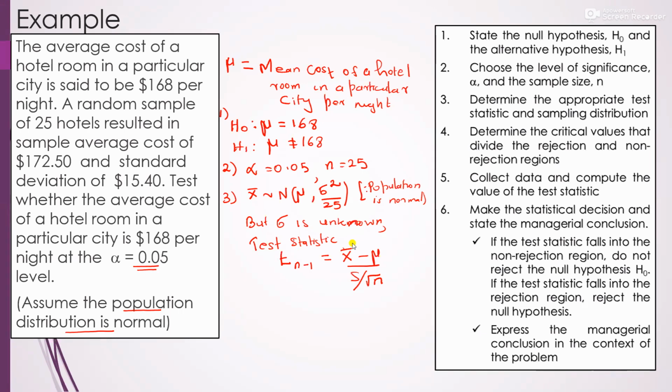Right? Because sigma is unknown, we can't take Z as a test statistic. Instead of Z, we have to take T. But if you want to specify T, the degrees of freedom should be specified. Because of this sigma unknown, we take the test statistic as T. Right? Now we come up to complete part 3. Now we are coming to part 4.